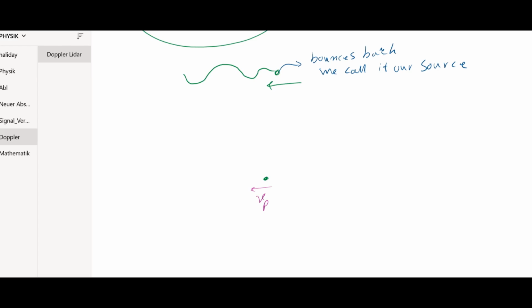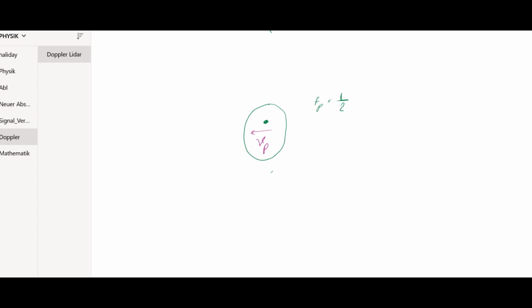This particle is emitting the wave every 2 seconds, so the frequency of the particle is 1/2, every 2 seconds, 1 cycle.